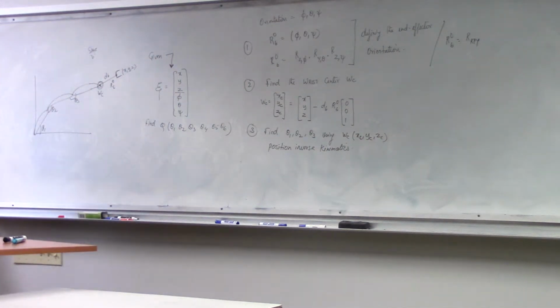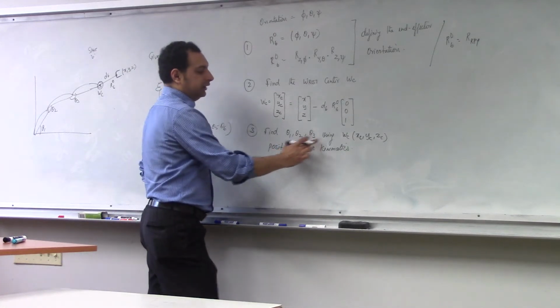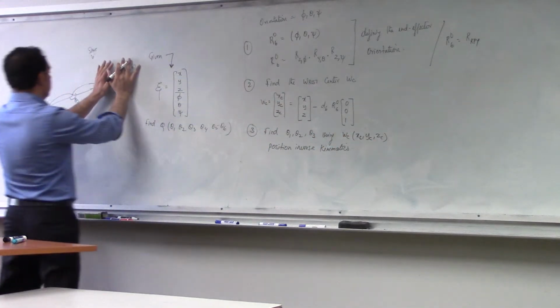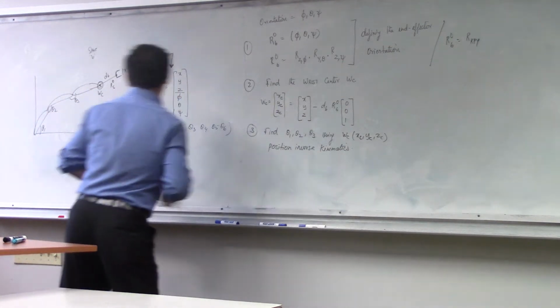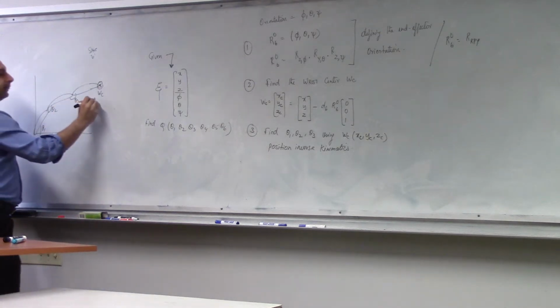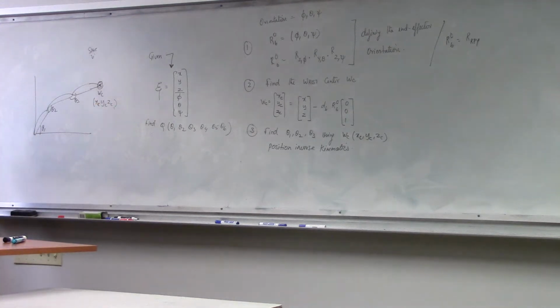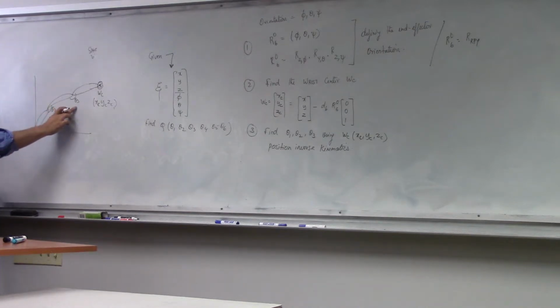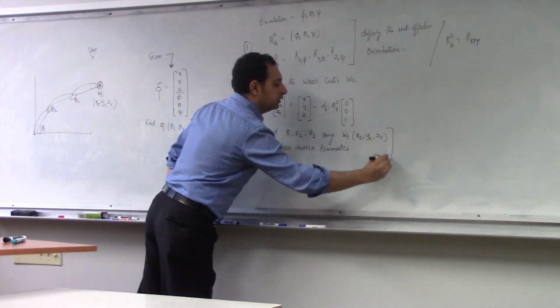We'll find theta 1, theta 2, theta 3, just as we found the inverse kinematics in the examples we did before. Once you find them, you'll forget about the wrist. You'll only consider this to be a 3 degree of freedom manipulator. This is XC, YC, and ZC. So this is a problem like the earlier two problems that we solved. You can find theta 1, theta 2, theta 3. So this will solve the position part.